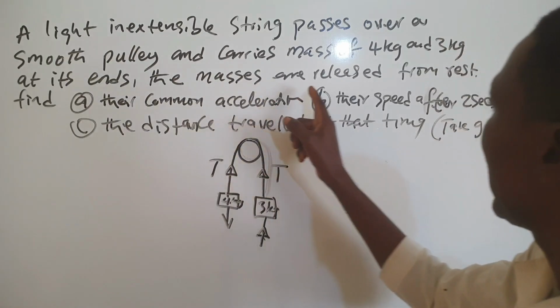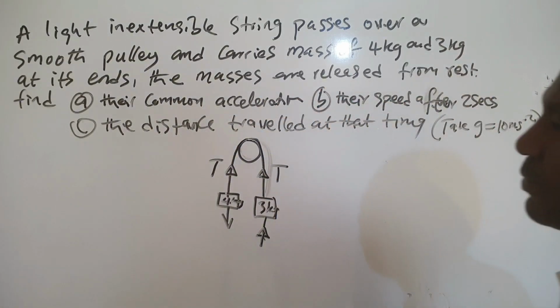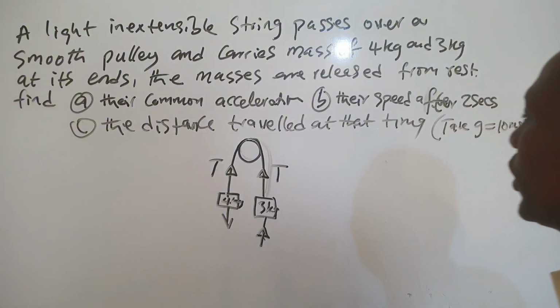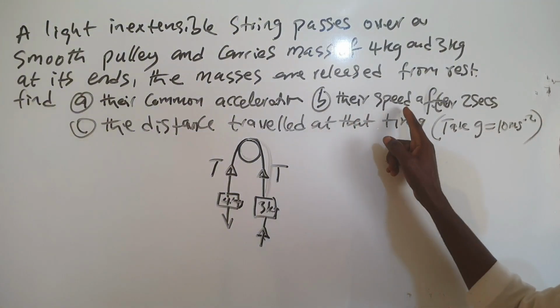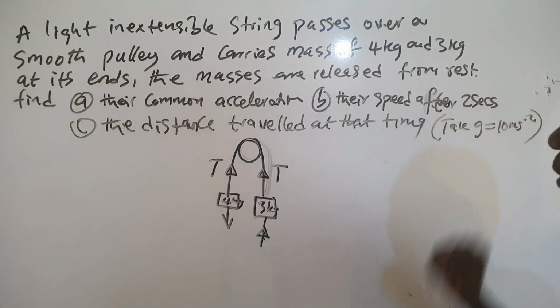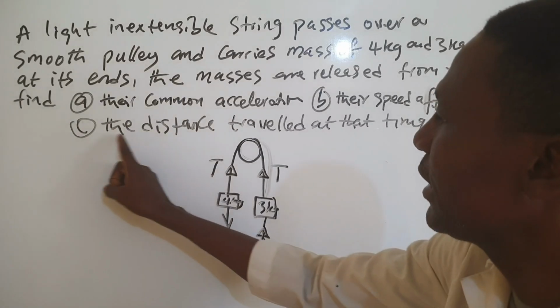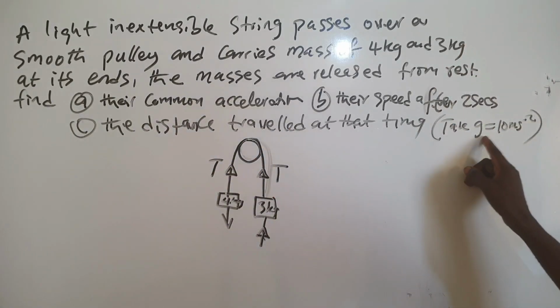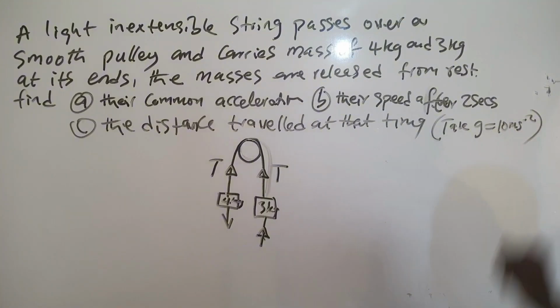The masses are released from rest. Find A, the common acceleration, B, the speed after 2 seconds, then C, the distance traveled at that time. They say take g equals 10 meters per second squared.